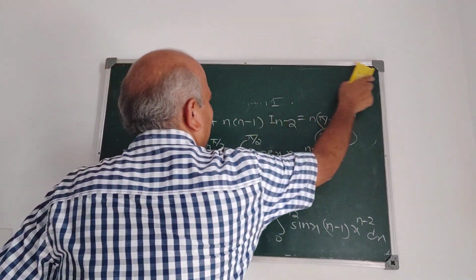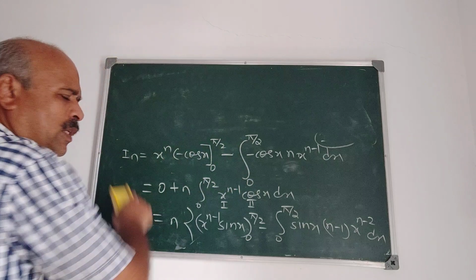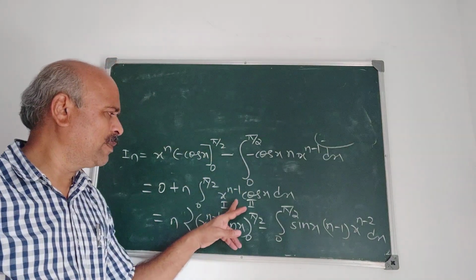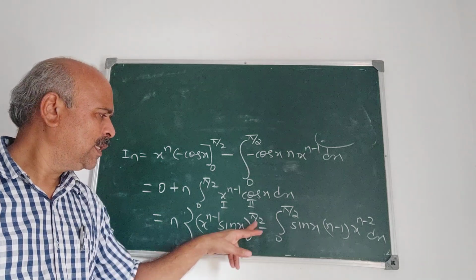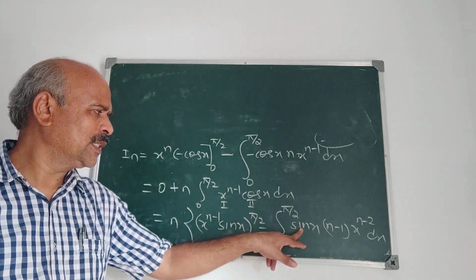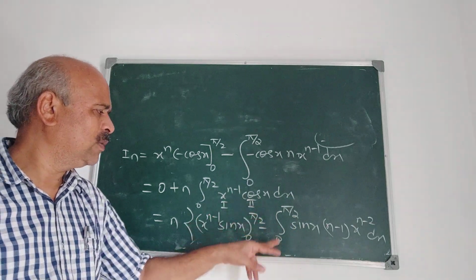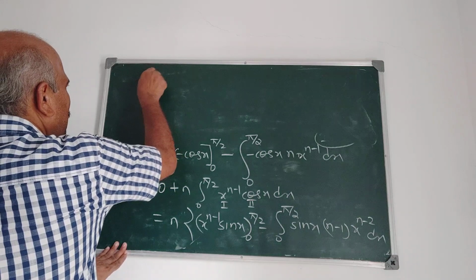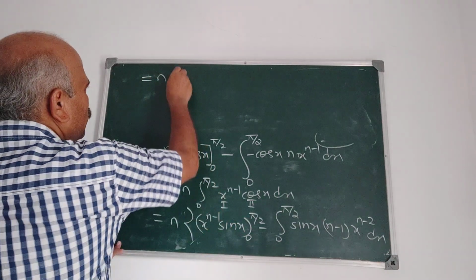I think formula application of that integration by parts is important. I think you followed this. How it is applied here? First function, integration of cos x is sin x, minus integration of sin x into differentiation of first. Limit is 0 to pi by 2, definite integral it is. So take pi by 2 first. What is sin pi by 2? 1.